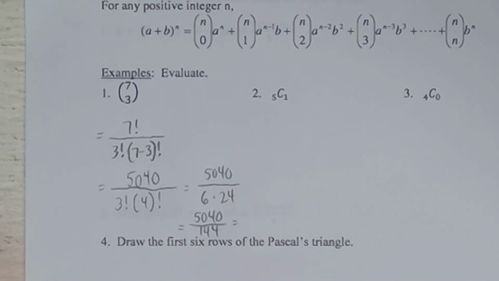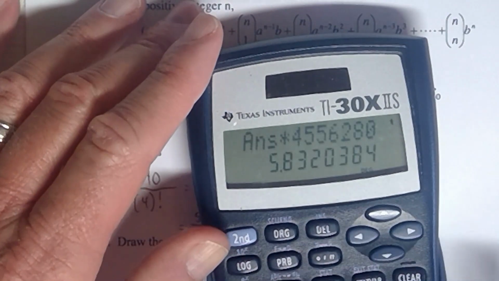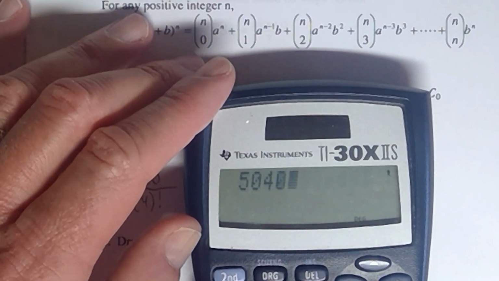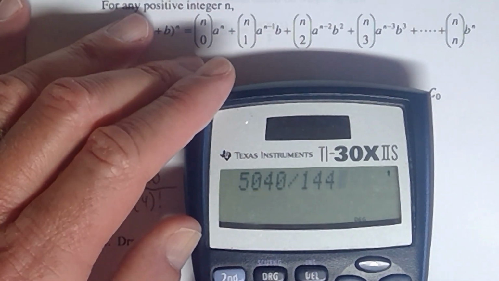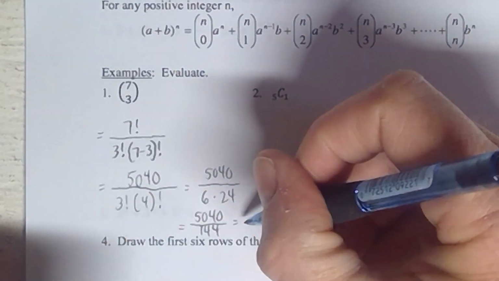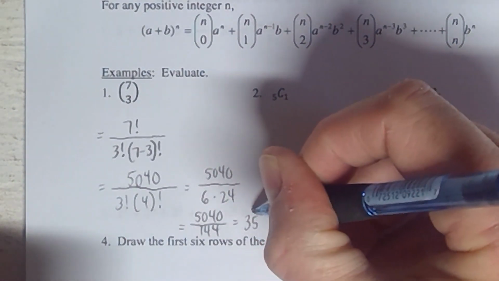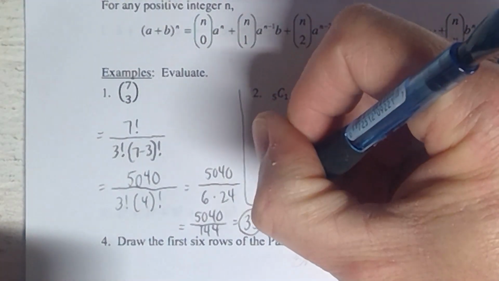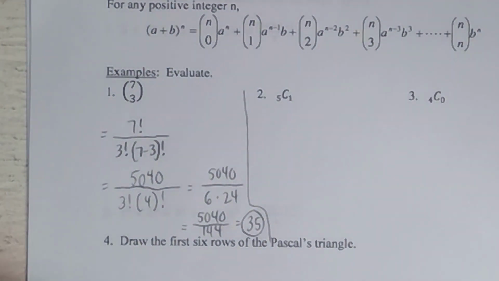Let's pull out our calculator and see if that works. Okay, so let's take a look. 5,040 divided by 144. And you can see it does divide evenly. It's equal to 35. So that means that there's 35 different combinations of choosing 3 people out of a group of 7.